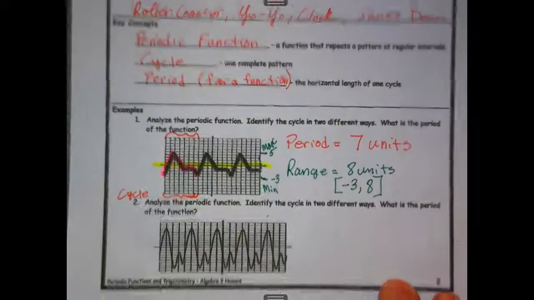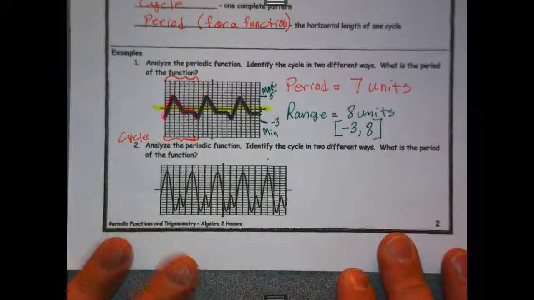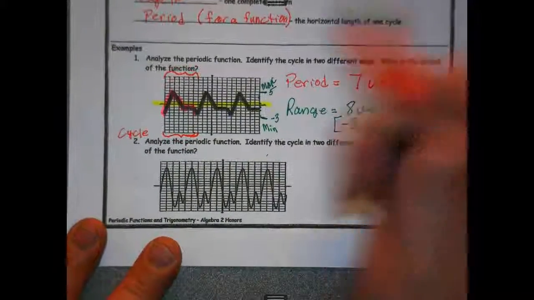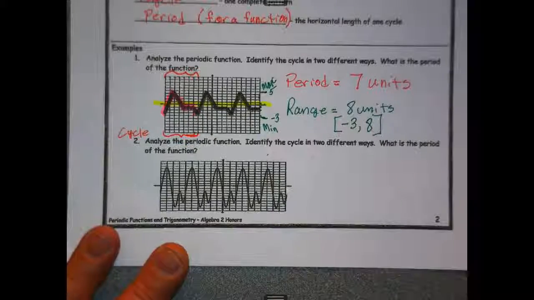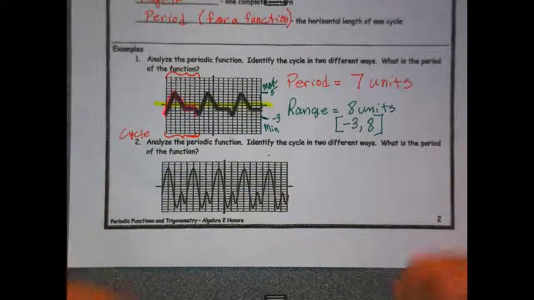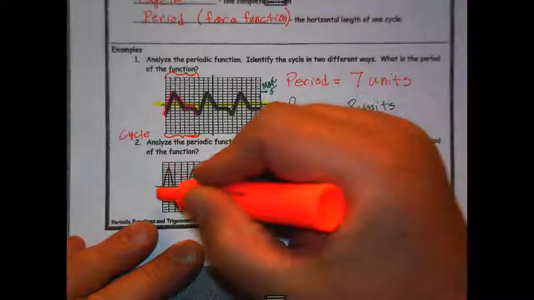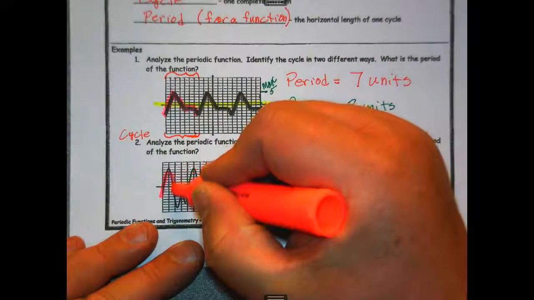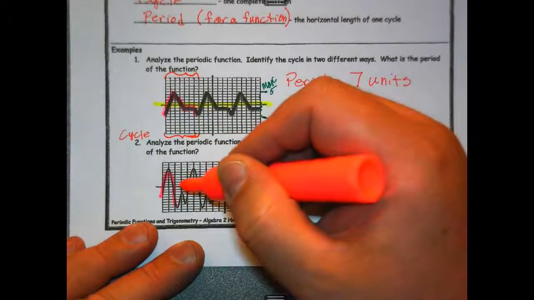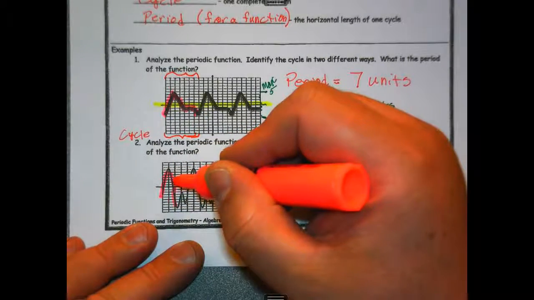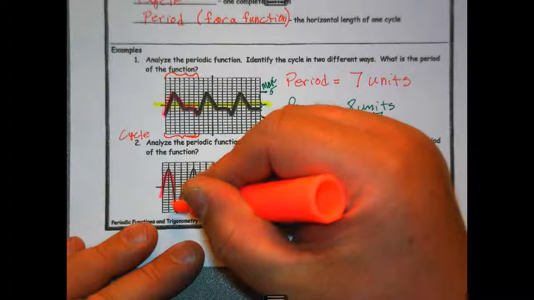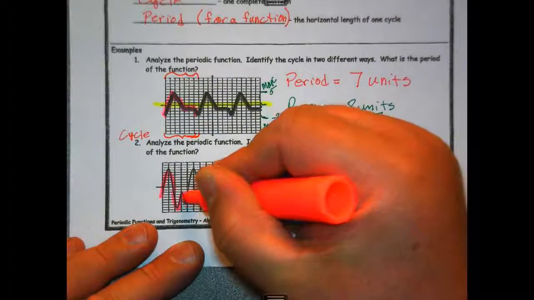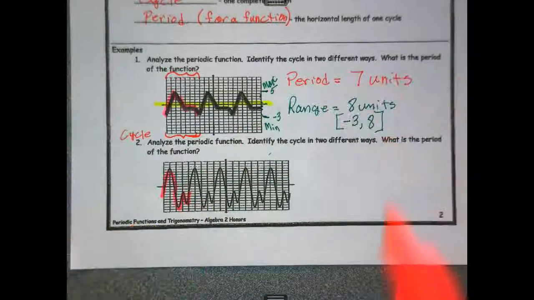Okay, number 2. I need to find the period. So let's trace a cycle here. It starts there, goes up and starts again here. So there's one cycle.